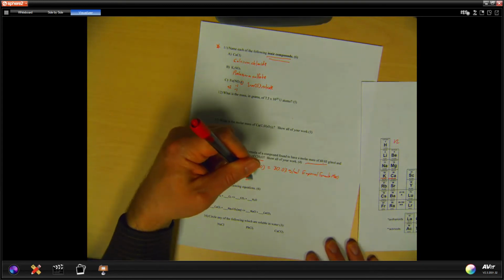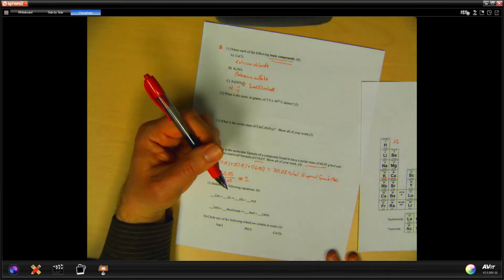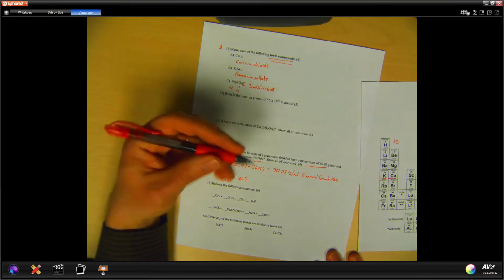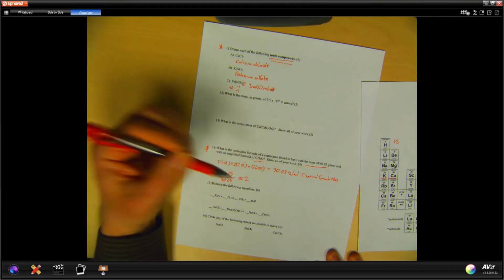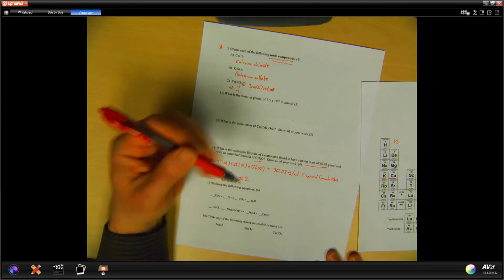We have 60.05 divided by 30.03. So it's basically 2. You've got 1.9996666. You're going to round that up to 2. You can look at that and see it as 2. Sometimes you might have to write it out first before you see that.